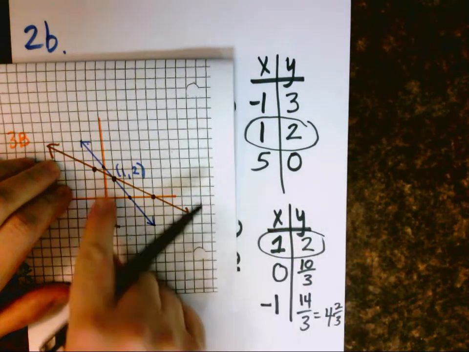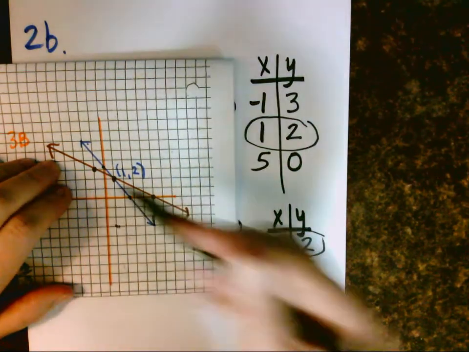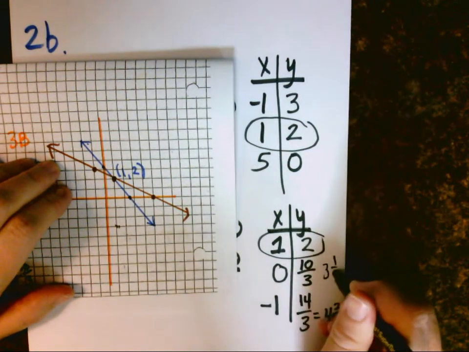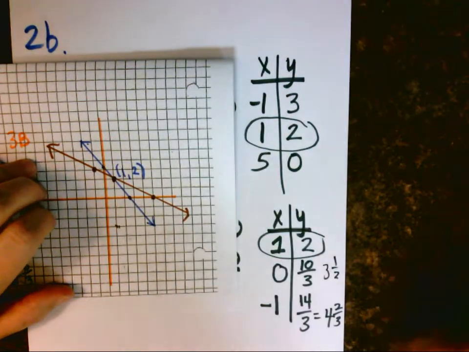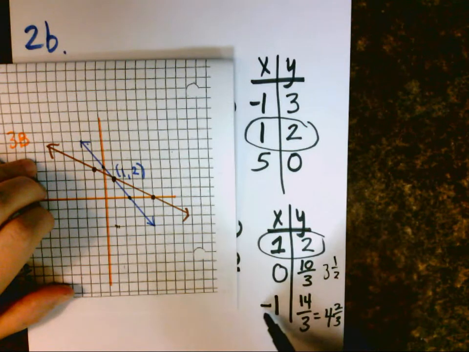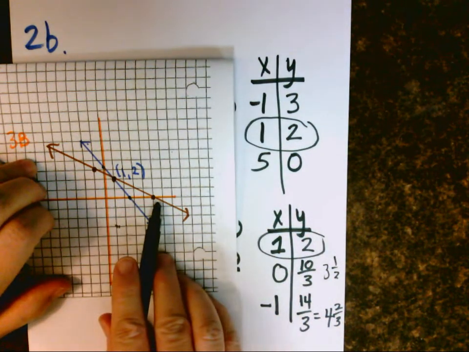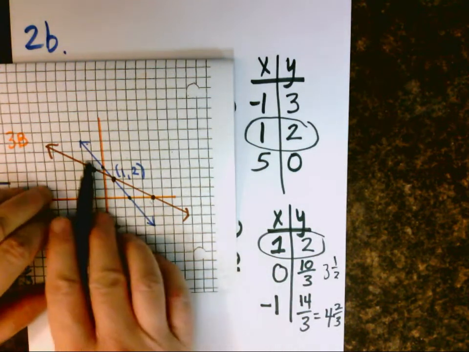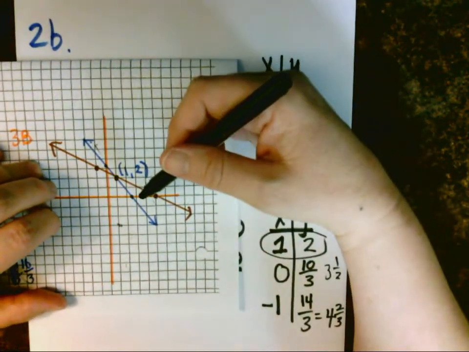Okay, so I plotted these points. I had 1, 2, and then I said it's going to cross at about 10/3, which is about 3 1/3. So I went up 1, 2, 3 1/3 and put a dot close enough. And then I went over to the right. At -1 I think I actually put in another point over here, but anyway, right down here.